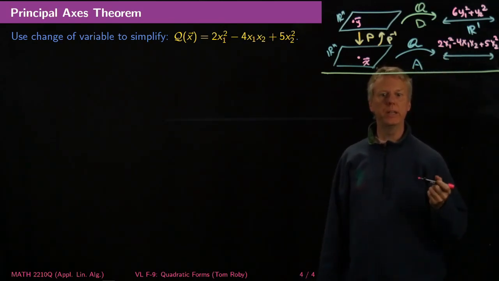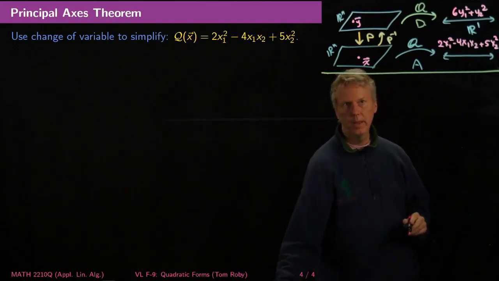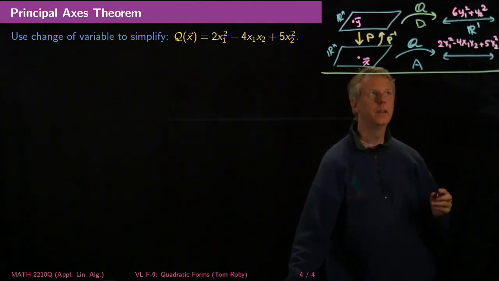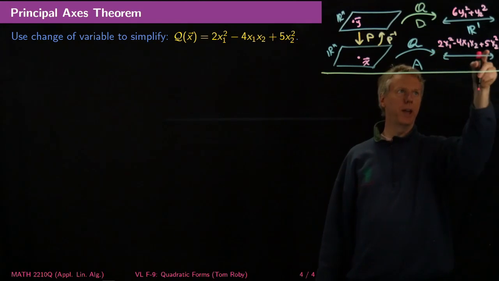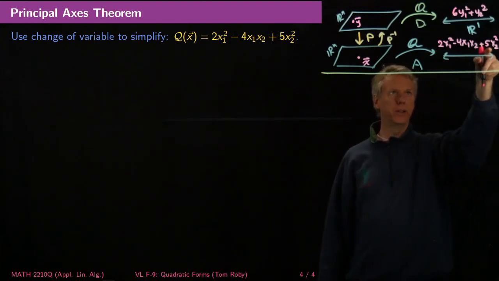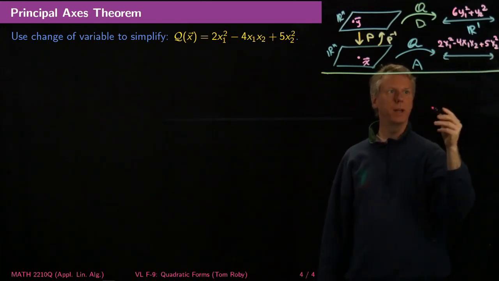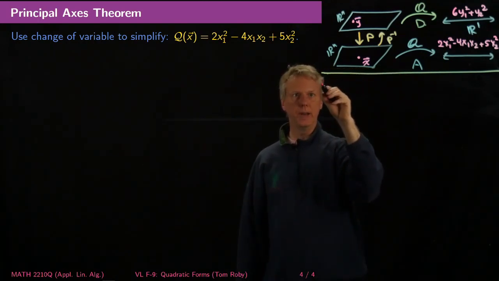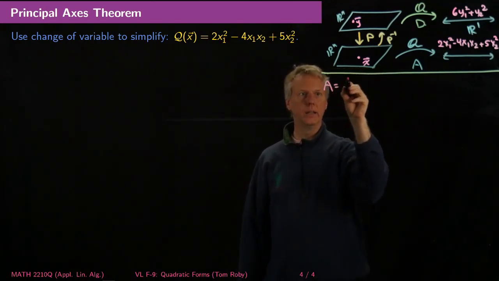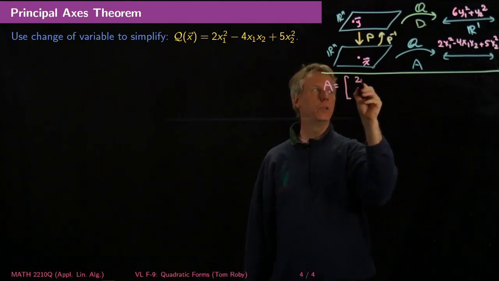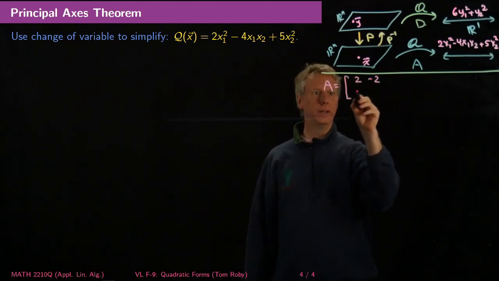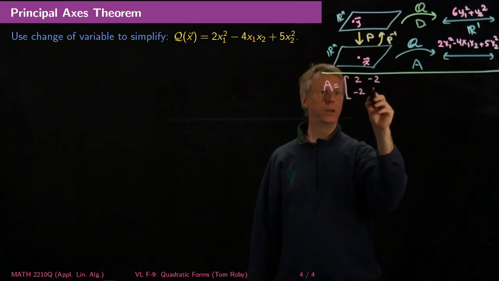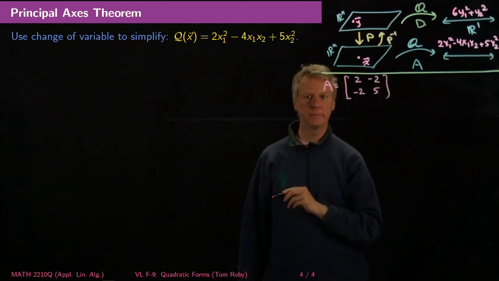That's pretty easy. A is the matrix with 2 and 5 on the diagonal, and then you split the minus 4 both ways. So step 1 is to compute A, which is 2, minus 2, minus 2, 5.